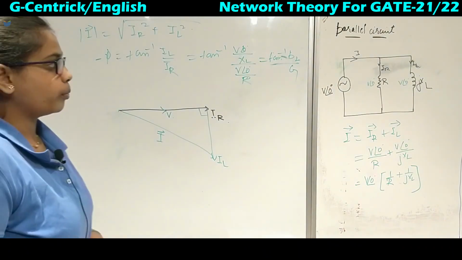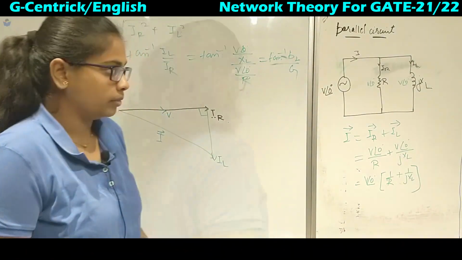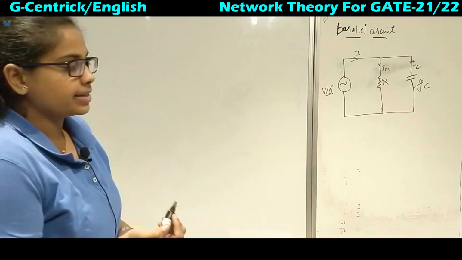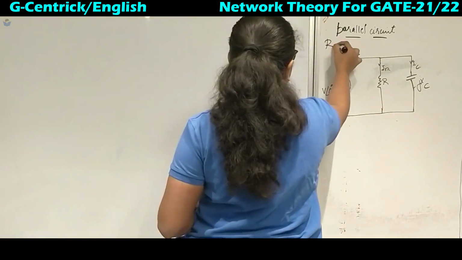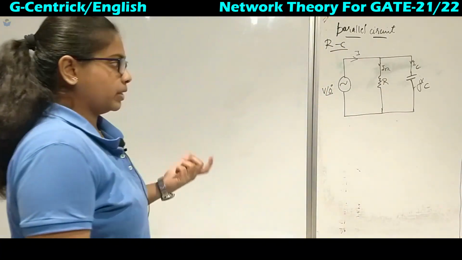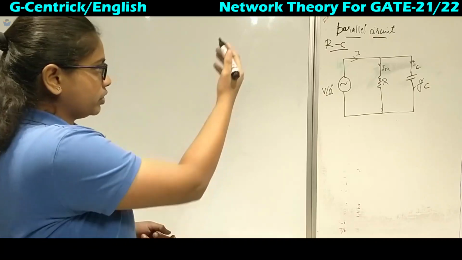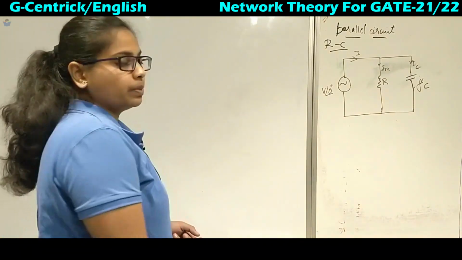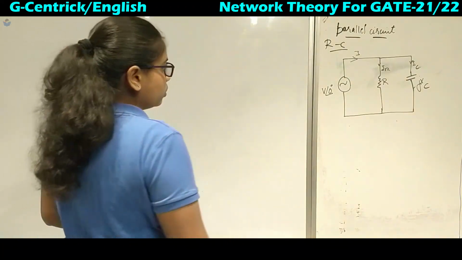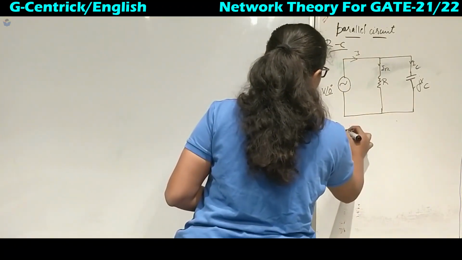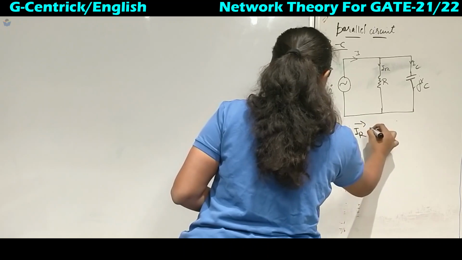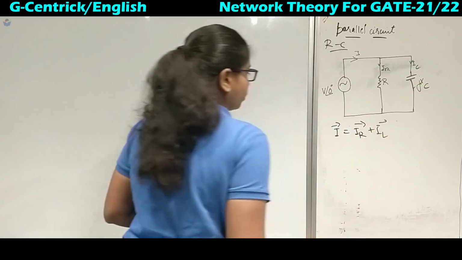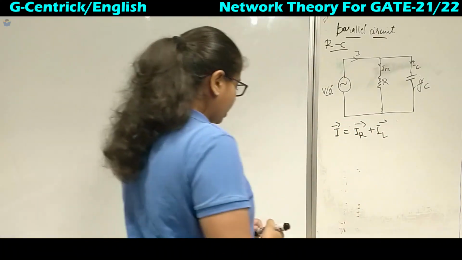Now we will see the combination of R and C. Coming to this RC circuit. So RC in parallel. Same thing again, we have got I, which will divide across R and capacitor. Voltage will be same across the parallel circuit. So now I can write I is equal to IR plus IC, vector addition of IR plus IC.